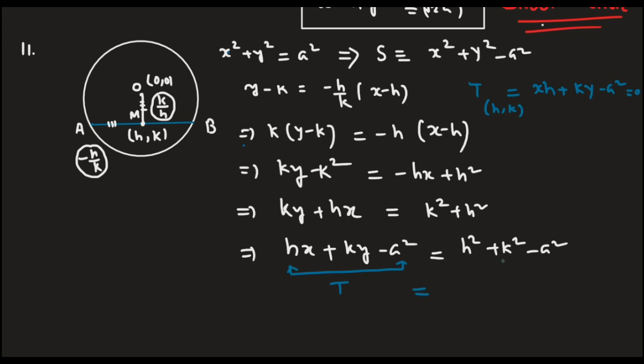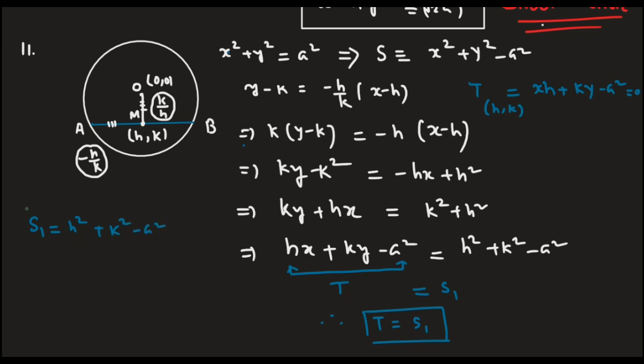On the right hand side it is the same as when you put h, k in the equation S, so you are getting that point. It is nothing but what you can call S1. Therefore T is equal to S1 is the equation of the chord when we know the midpoint of the chord. Here S1 is nothing but h square plus k square minus a square.